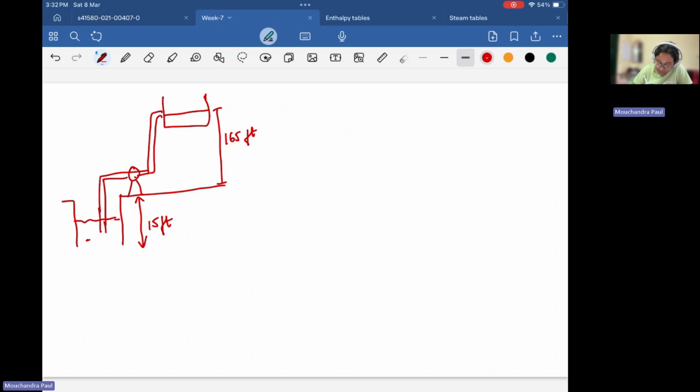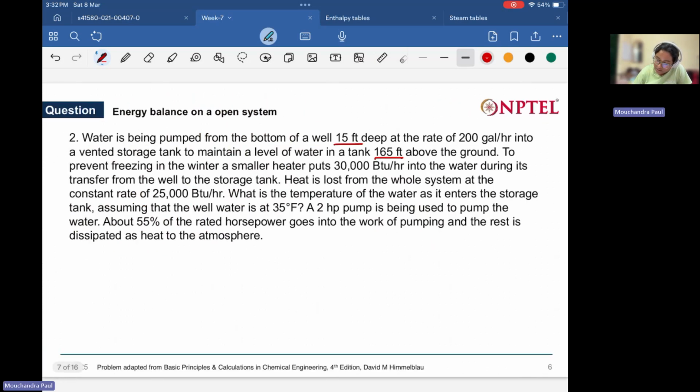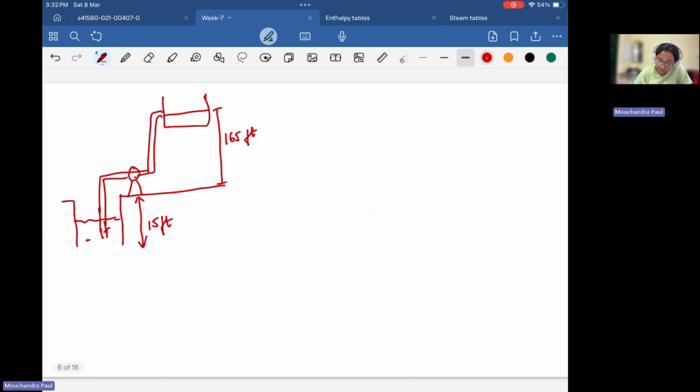This is your water, right? And there is a small heater as well that puts some heat into the water as it is being transferred to the storage tank. So there will be some heater like this that adds Q to the water. Okay, this is the pump with 2 horsepower that can do 2 horsepower worth of work.